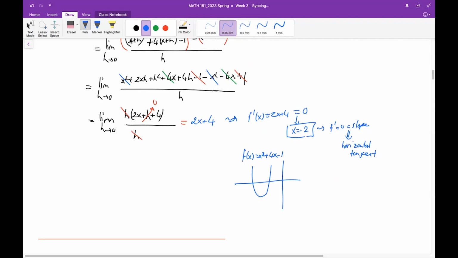I don't want to insert x and y coordinates, but what we know is here, this is the -2 point. If you draw the tangent line there, you will obtain a horizontal one. Horizontal tangent, that's why the slope, which is the same as the first derivative, is 0 there. Okay?